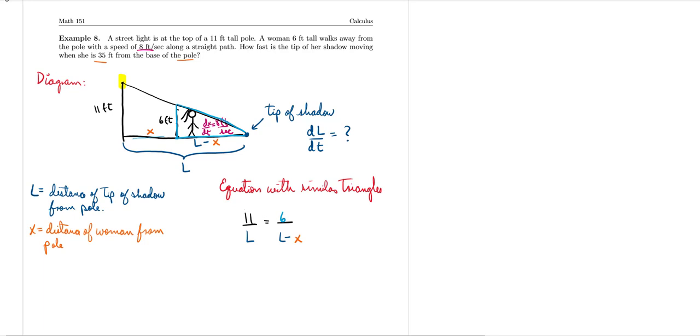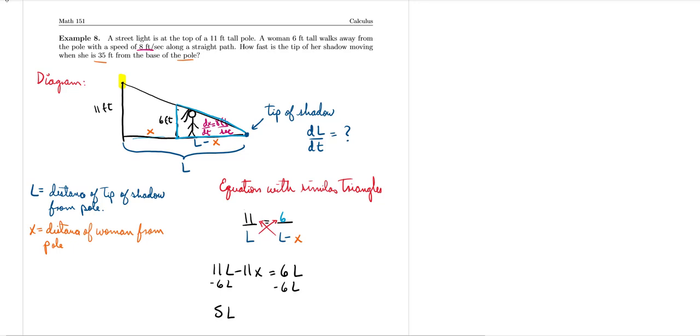So let's go ahead and simplify our equation a little bit, because we want to find out what is the dL dt. So I'm going to solve for L here. I'm going to cross multiply. This multiplies this, and this multiplies this, and this is going to give us 11L minus 11X equals 6L. All right, so I'm going to subtract the 6L from both sides.